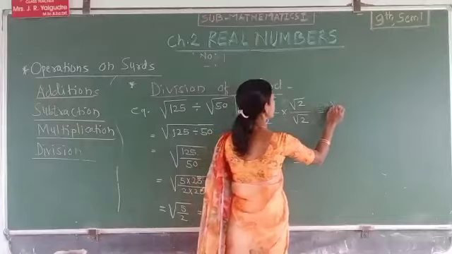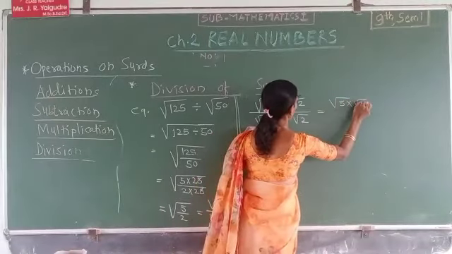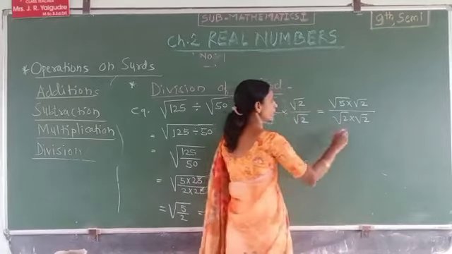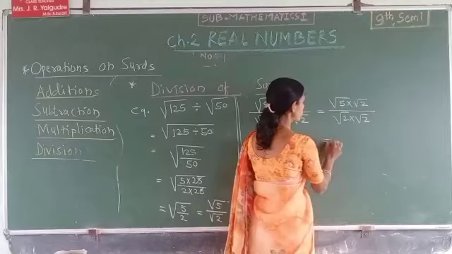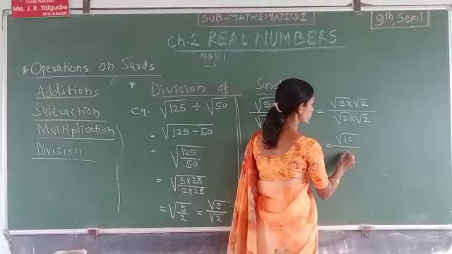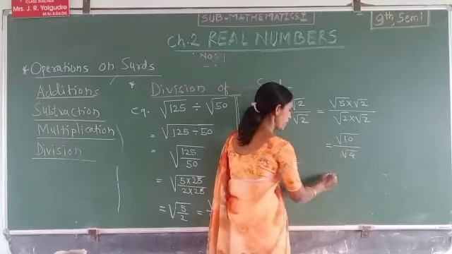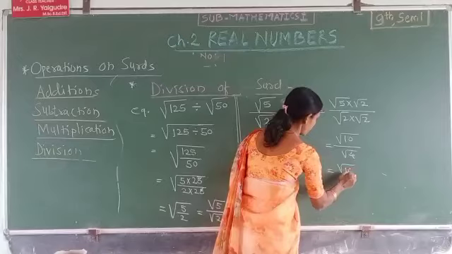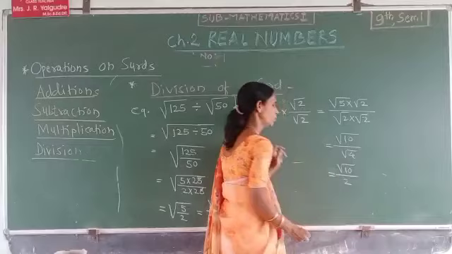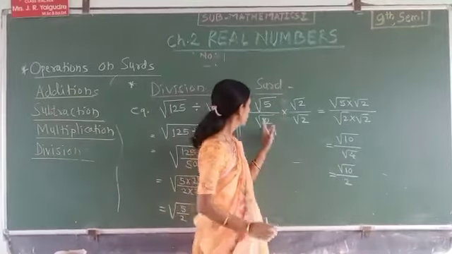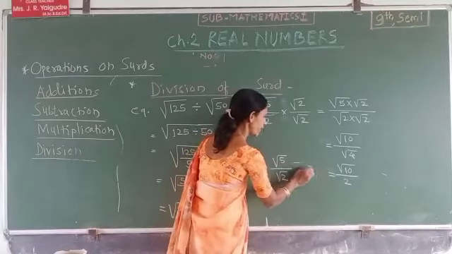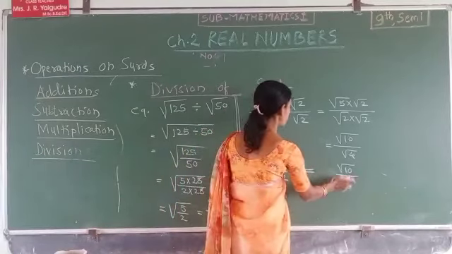Therefore, see here root 5 into root 2 upon root 2 into root 2. That means here root 5 into root 2, root 10, upon root 2 into root 2, that is root 4. Therefore, see here root 10 upon root 4, that is 2. Then see here root 5 upon root 2 means it is root 10 upon 2.